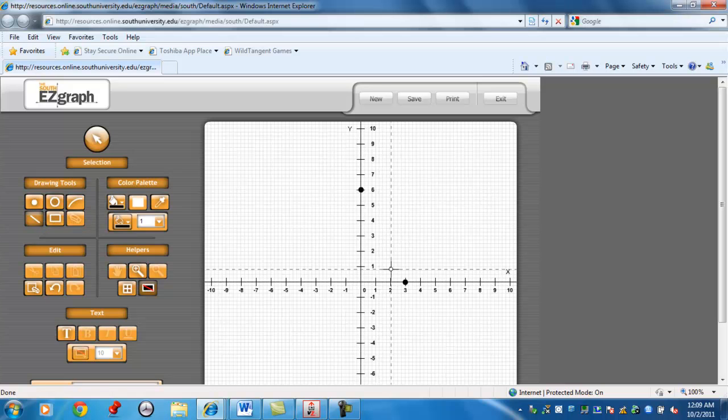And to make the line, I usually start at one of the points. Just make sure you're lined up. Left click, hold. Again, you want to extend the line across the graph.